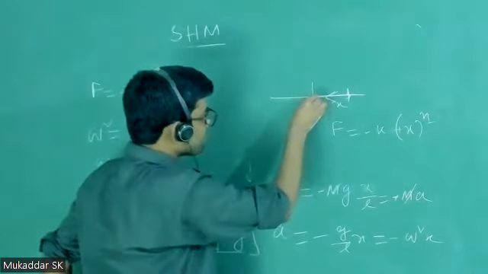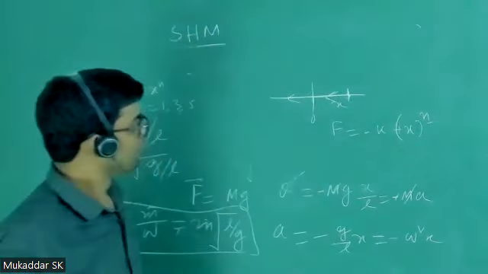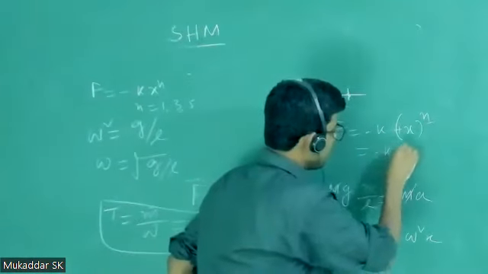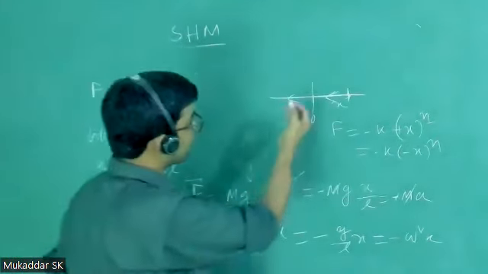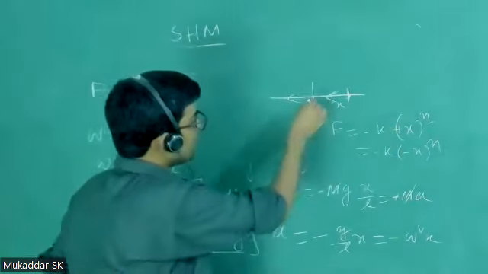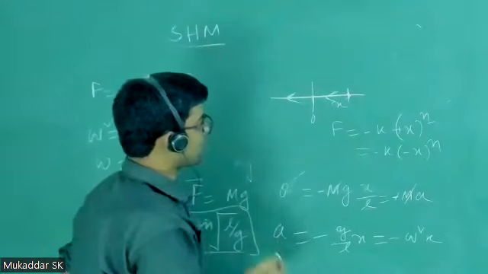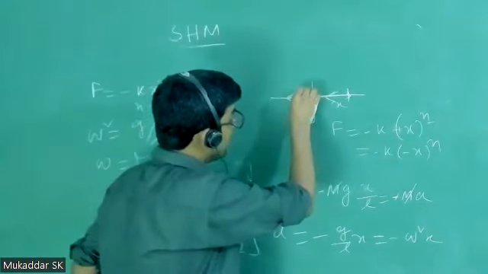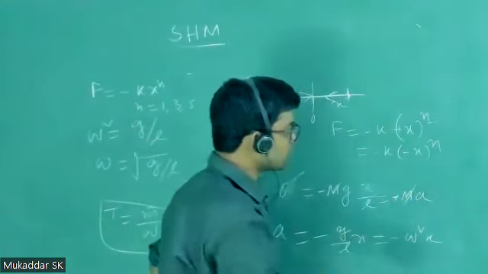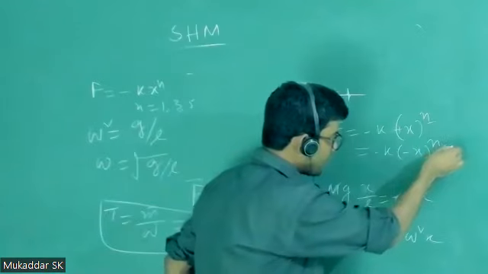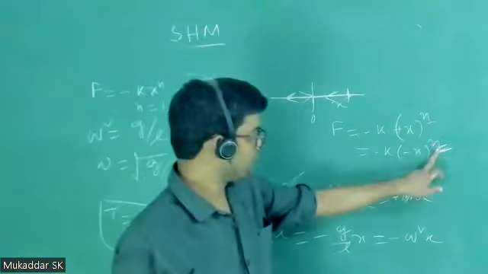अब सपोज मान लीजिए ओरिजिन से आपने लेफ्ट की तरफ मूव किया तो यहाँ पे माइनस x दी पावर n, और ऑसिलेटरी मोशन में हमेशा फोर्स डिस्प्लेसमेंट के अगेंस्ट में काम करेगा। इधर आपने नेगेटिव की तरफ डिस्प्लेस किया तो फोर्स किधर काम करेगा, पॉजिटिव डायरेक्शन में। सो टू शो दैट इट इज पॉजिटिव, ये पॉजिटिव तब आएगा जब n ऑड होगा। देखो ना, odd.